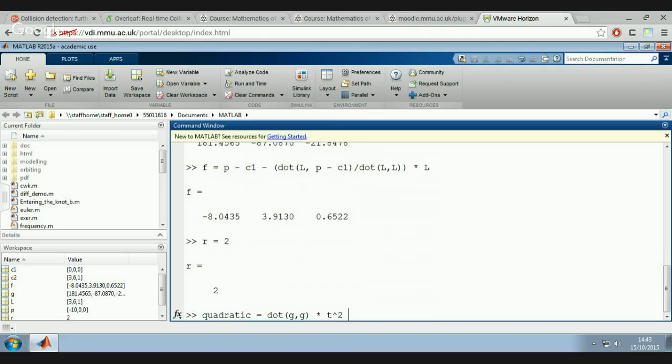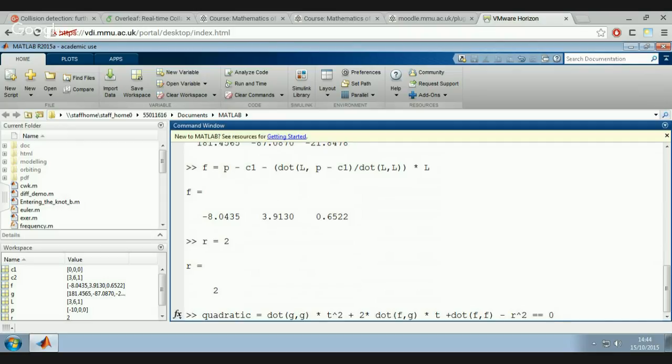So it's G dot G times T squared plus 2 times the dot product of F with G times T plus the dot product of F with itself minus R squared, and I've typed in R equals 2 already. And that equals 0. When you're typing an equation into MATLAB, the equal sign is a double equals.